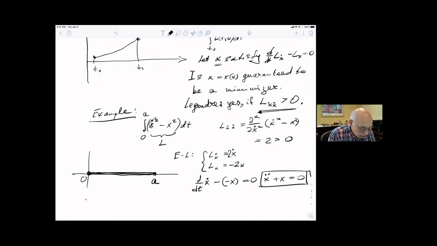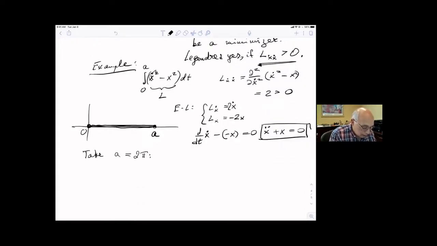For example, take A equal to, let's say, 2 pi. If A equals 2 pi, then here's x of t, here's pi, here's 2 pi, and there is a 0 solution connecting these boundary conditions, but there are also infinitely many others, sines with any amplitude.